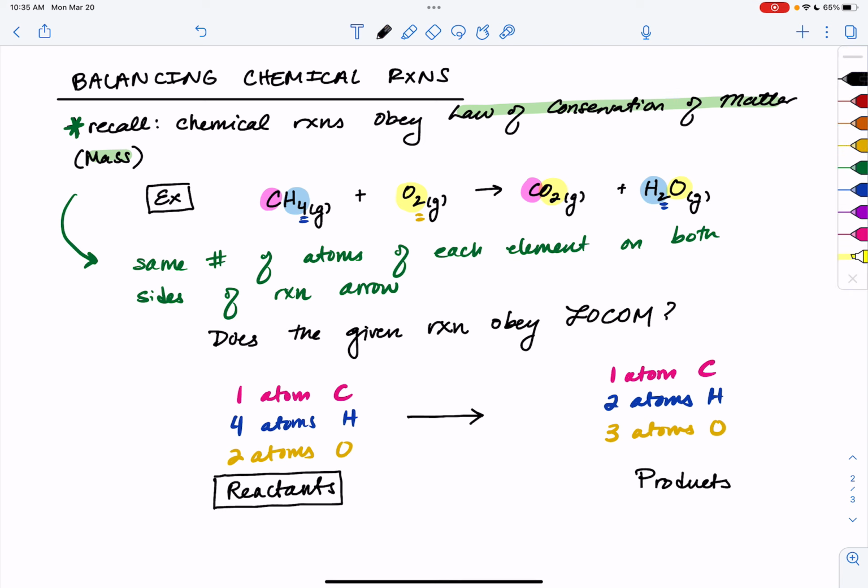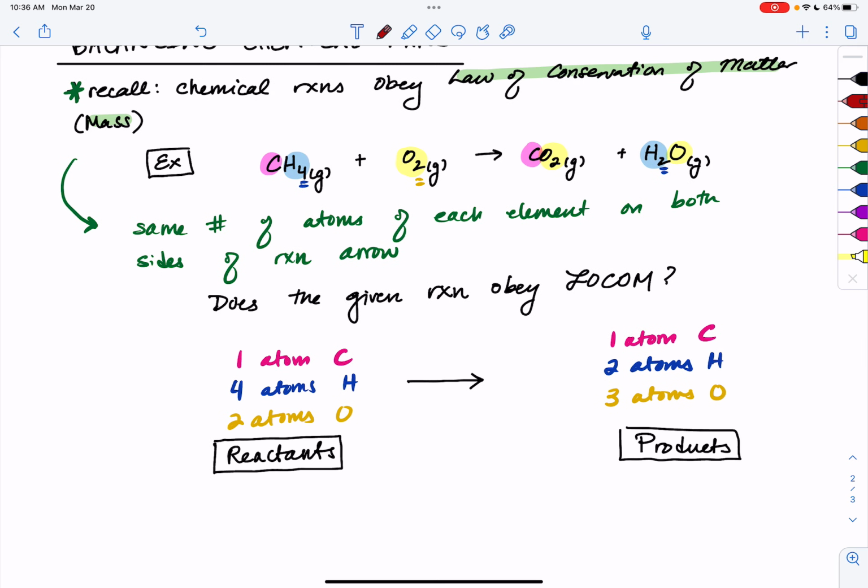So if I look at my product side and compare it to my reactant side, it looks like we do not obey the law of conservation of matter. We conserved our carbon, but where on earth did our 4 hydrogen atoms go in this particular chemical equation? And how is it that we have seemingly gained an atom of oxygen on the product side? So thus far, the answer is no.